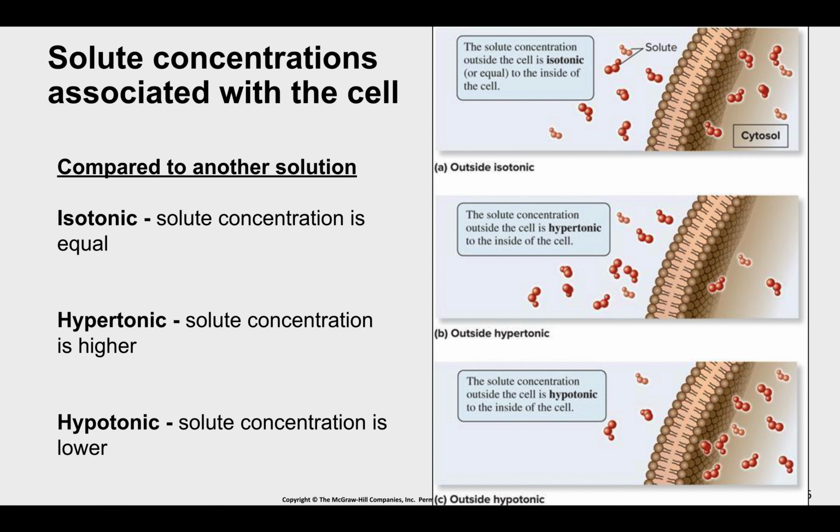A good example is this last image down here. Outside of the cell, we have fewer molecules than we have inside of the cell. Now we could say in this bottom image that the inside of the cell is hypertonic because there's more solutes compared to the outside of the cell. We always have to compare to another solution or to another side of a membrane.